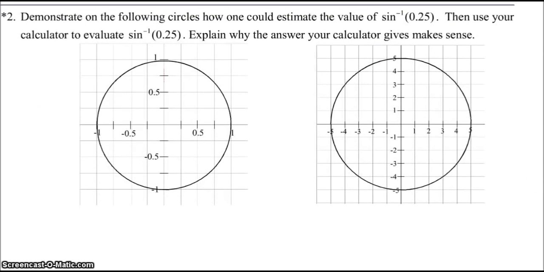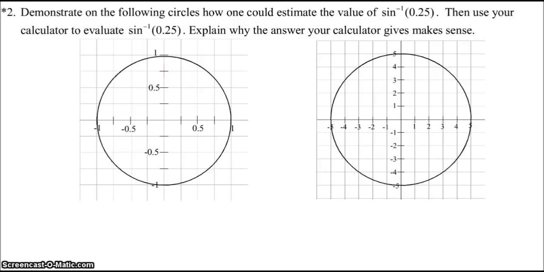Demonstrate on the following circles how one could estimate the value of inverse sine of 0.25. Okay, so 0.25 is a vertical distance. And this is the point on our unit circle where the vertical distance is 0.25.